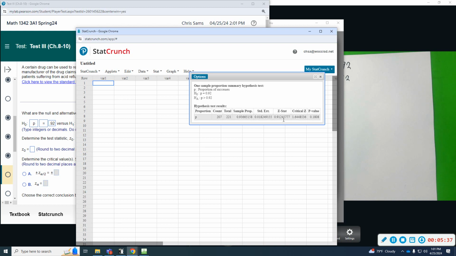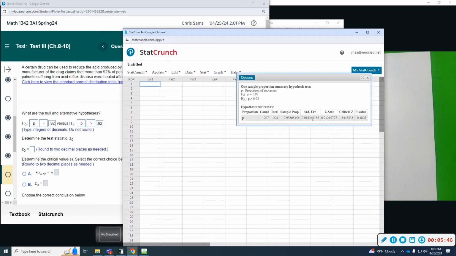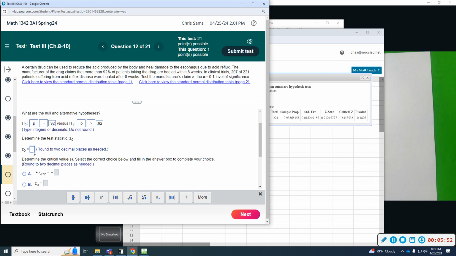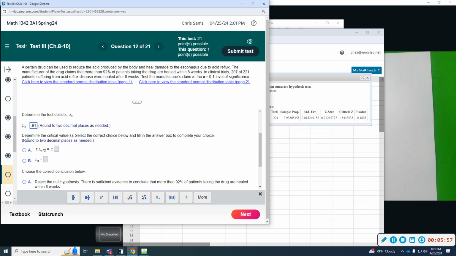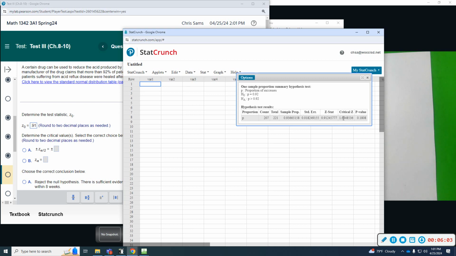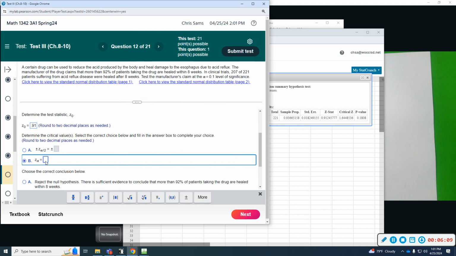So this is giving me the Z statistic, and then this is the critical. So they want a Z statistic that's going to give me 0.91, 2 decimal places. And then determine the critical values. So the critical value right here is going to be 1.64, sorry.